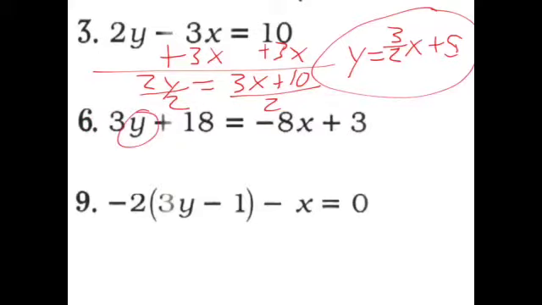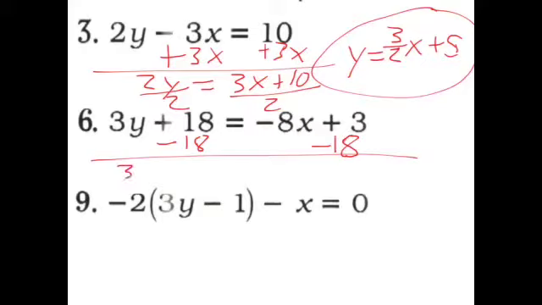I want to get the y all by itself, so I'm going to get rid of the add 18 by subtracting 18 from both sides. And now we're looking at 3y equals negative 8x minus 15, because 3 minus 18 is negative 15.